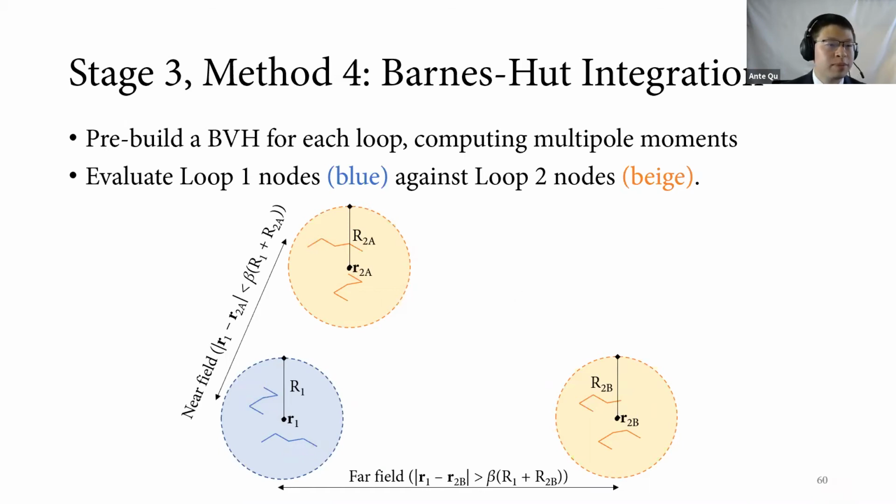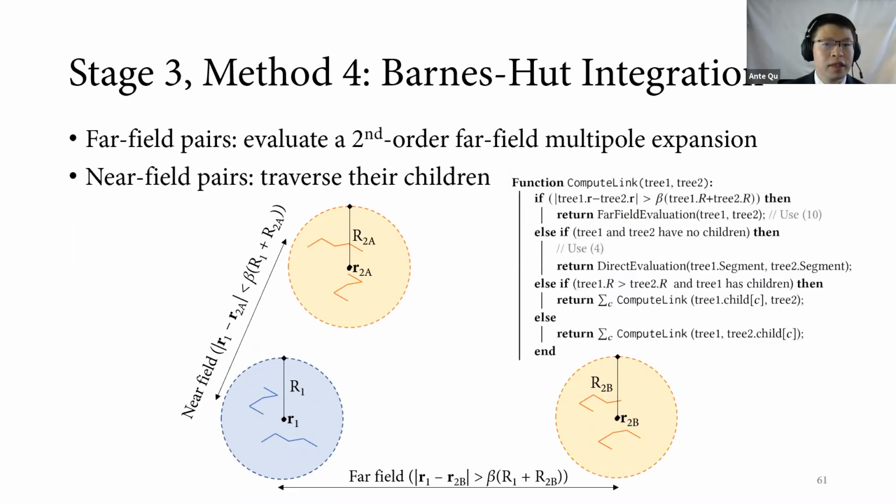The Barnes-Hut beta parameter, which is used in the threshold, determines how to decide if nodes are in the near field or far field, based on how far apart they are compared to their size. So for nodes in the far field, such as this pair, we just use a far field multipole expansion to estimate their contribution. When they're in the near field, we traverse their children until they're in the far field or they are leaf nodes.